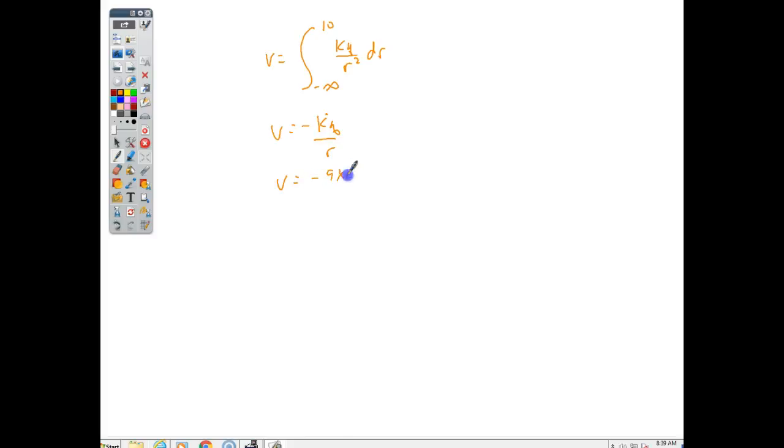negative 9 times 10 to the 9th. My charge would be negative 2. And the distance between them, which initially is r, right? I'm going to plug in infinity, and I'm going to plug in 10.